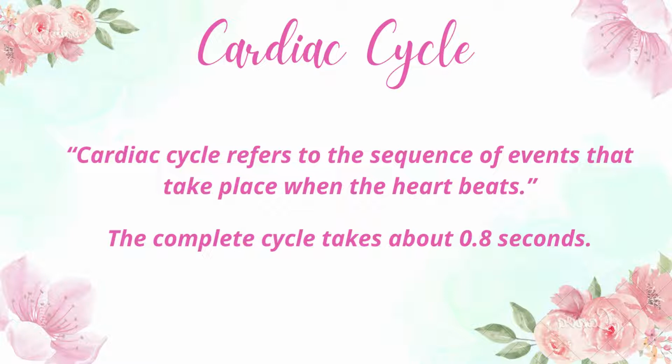Cardiac cycle refers to the sequence of events that takes place when the heart beats. The complete cycle takes about 0.8 seconds, which is a very small time, and the heart completes both the cycles in 0.8 seconds.